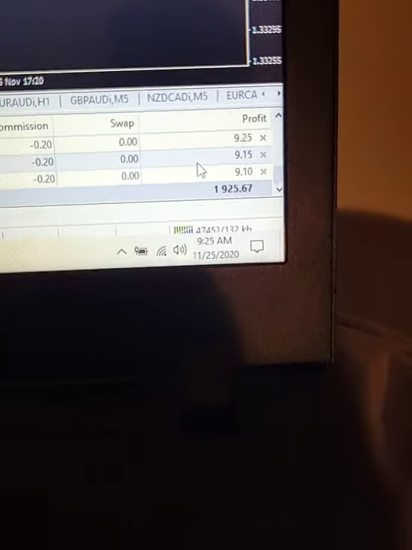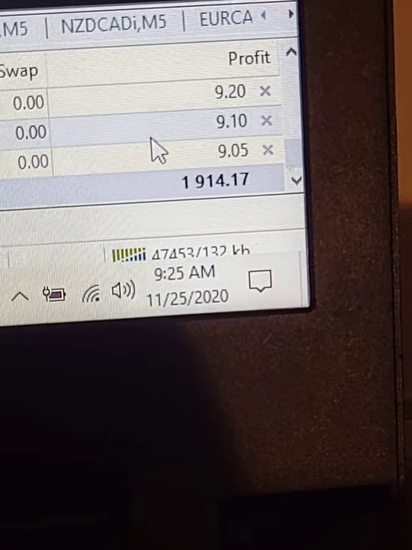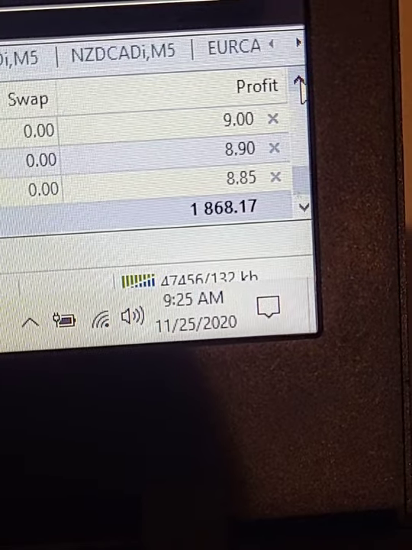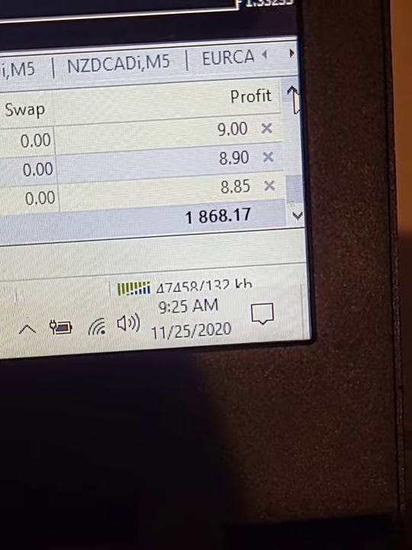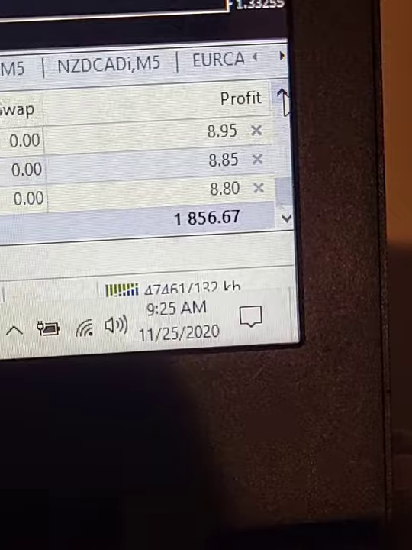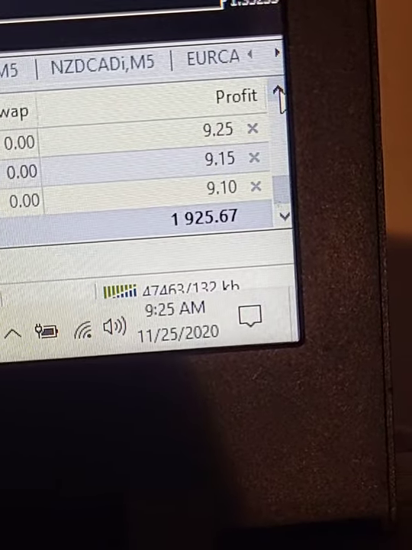We are at $1,900 right now. This is live. Now, mind you, I already did over $1,500 today. This is another $1,800 right now. This is on its way to $2,000. Look, almost at $2,000.